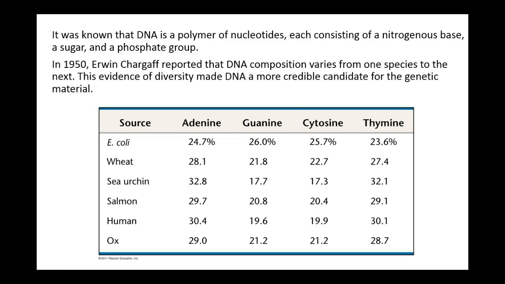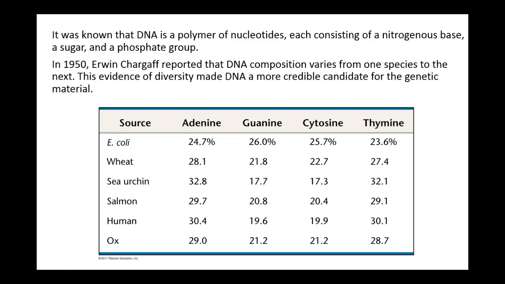Okay, so they knew it was the DNA, and the next gentleman who came along in the 50s, we're working our way towards around 1953 when Watson and Crick made their discovery. That was the beginning of this particular chapter.